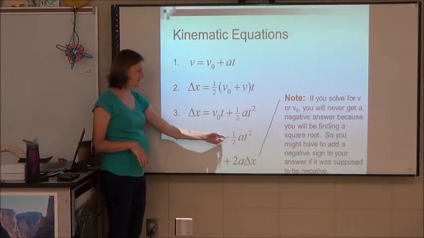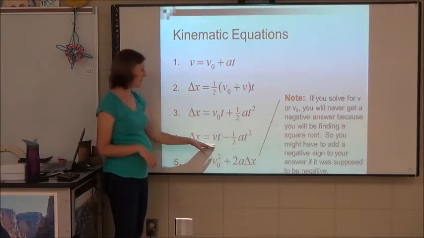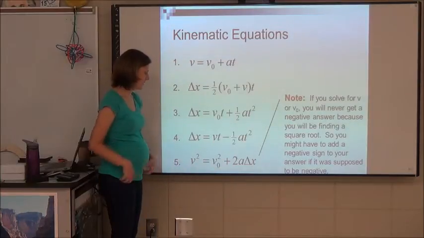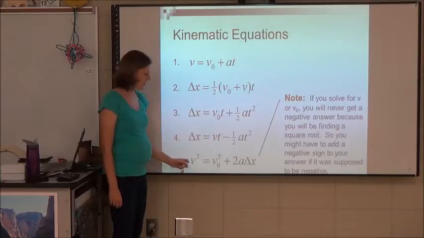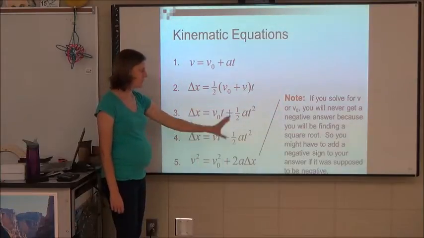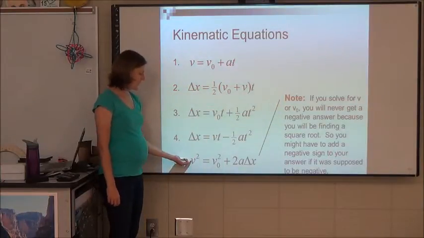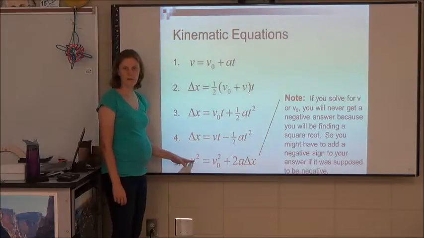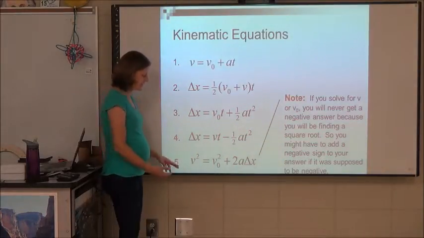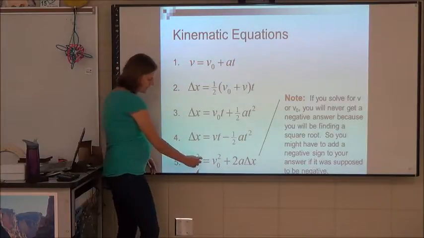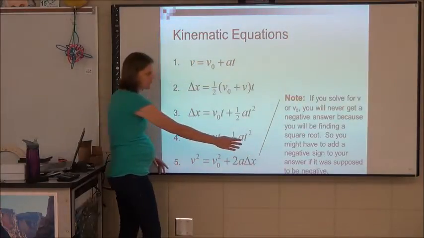Number 4, we don't really use that much, but technically it does exist as a kinematic equation. And this last one here, where there are squared values, I do want you to note, if, for example, you're solving for the final velocity of a car, the last thing you would do to solve for V is square root everything.